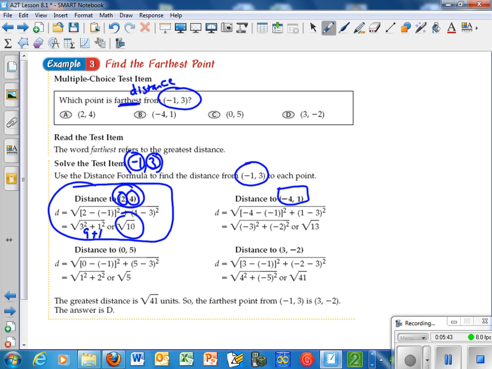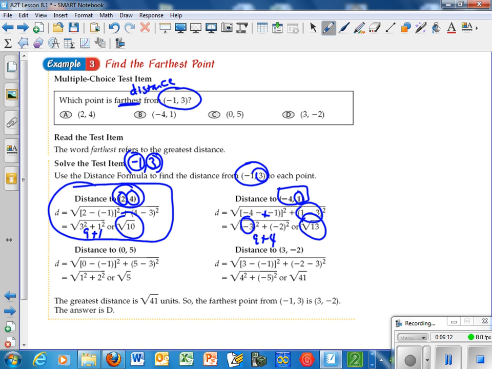So they do negative 4 minus a negative 1, which is negative 4 plus 1 right here. That's negative 3 squared. And then they do 1 minus 3, so this y value minus this y value. And that's negative 2 squared. Go through, that would be 9 plus 4. So we get a 13 under there, or square root 13, which is a little longer than the first point. Square root 13 is longer than square root 10.